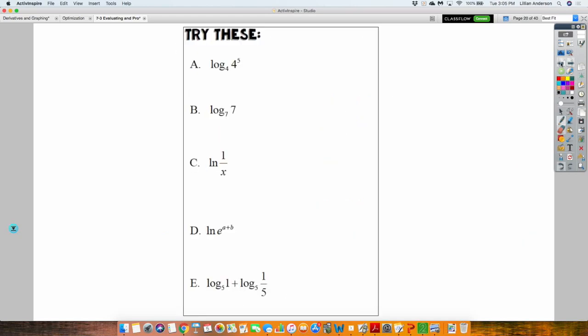So let's do some on our own. What's log base 4 of 4 to the 5th power? 5. That's the rule that says log base b of b to the m power is just m. What about the next one? Log base 7 of 7 is 1. Always.